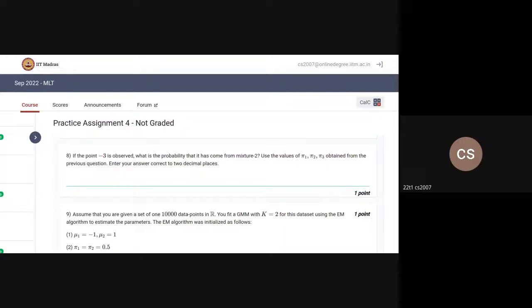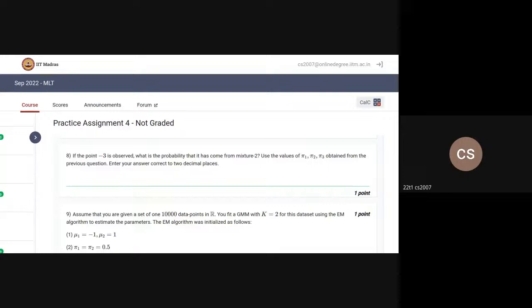We saw several concepts today. What concept does it correspond to? Is it lambda? Yeah, correct. So it's a lambda that we are asking here. Lambda of -3 with respect to 2, right? So we are asking lambda of this point with respect to mixture 2.